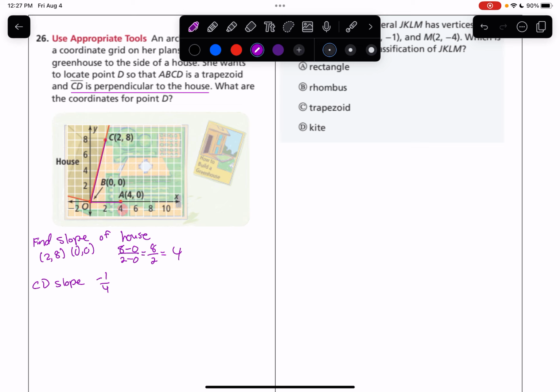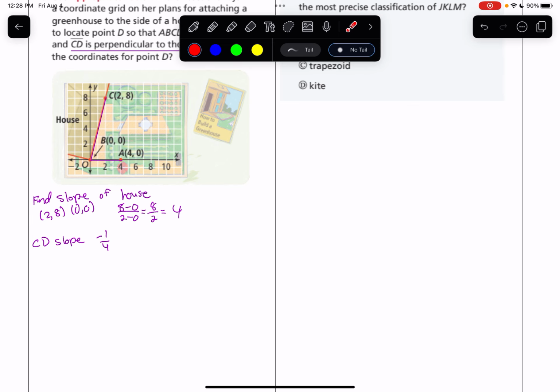All right. And if we know the slope of CD and we know one of the coordinate points on line CD, we can combine those together. We want an equation, so we want y equals negative 1/4 x plus b. And we're going to use the coordinate point 2, 8 as our x, y coordinate.